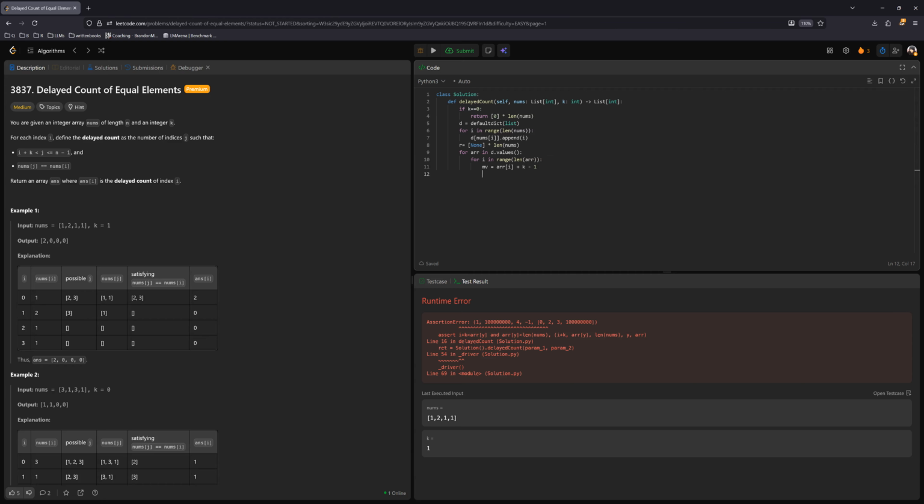So max J is going to be bisect left, and we know that all of these values are unique, right? Bisect left of ARR, comma, max value.